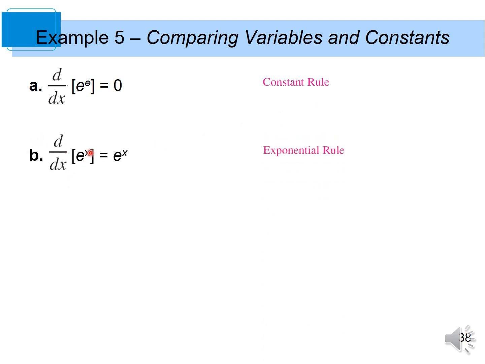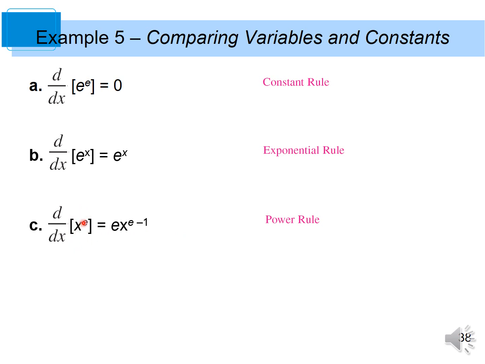Differentiate the exponent x with respect to x. We use the exponential rule because this is an exponential function. For C, differentiate x to the power of the exponent with respect to x. We use the power rule because this one is a polynomial function.